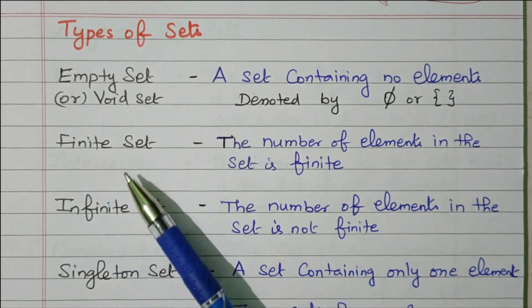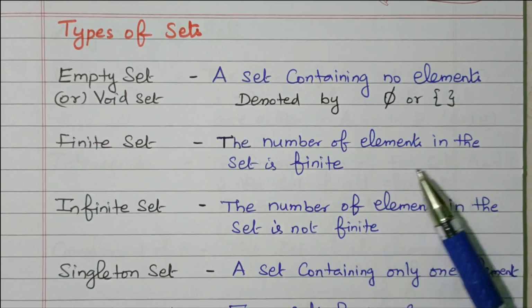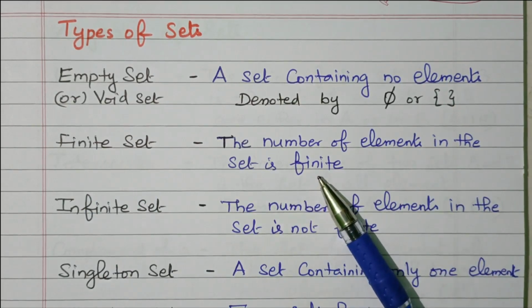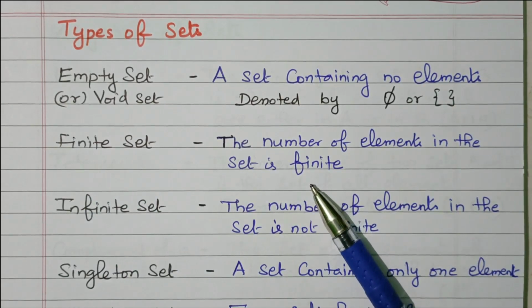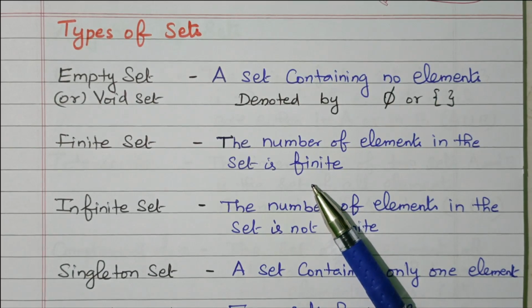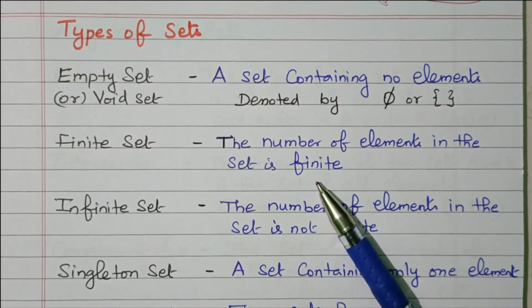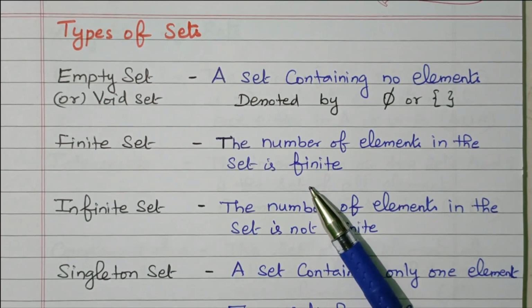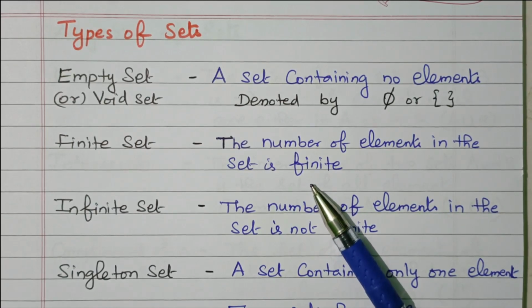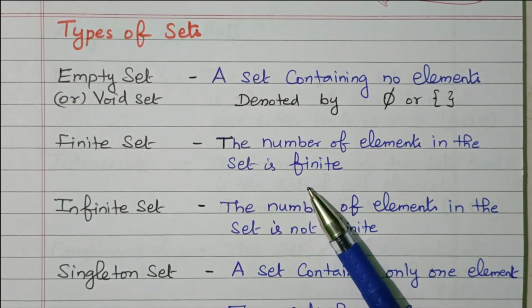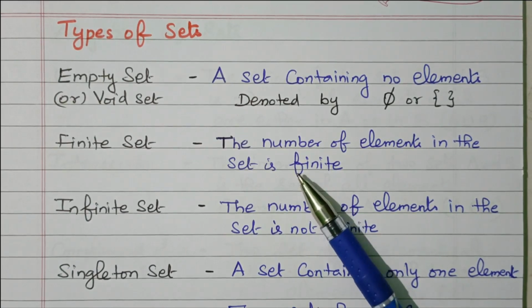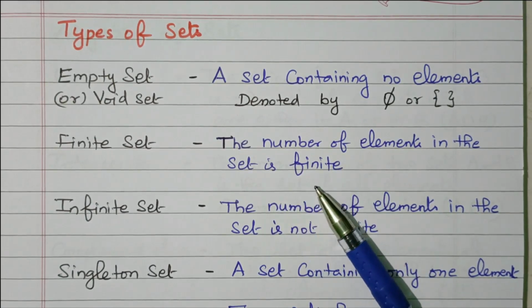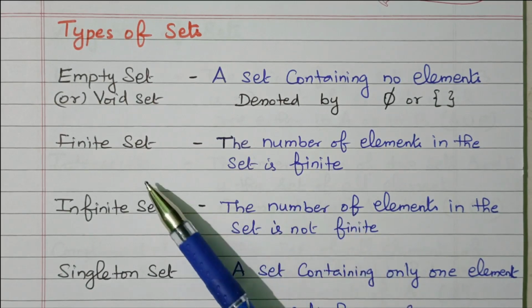Then the finite set. The number of elements in the set is finite. For example, red color flowers is a finite one. We can easily identify the red color flowers available in the garden, or the yellow color flowers available in the garden. So if the number of elements in the set is finite, it is called a finite set.